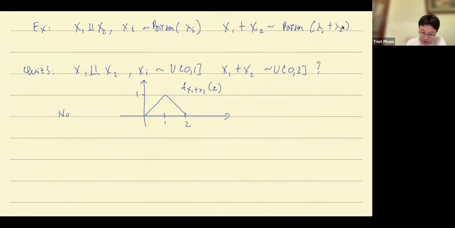What's the reason? The reason is if you have independent random variables, then you look at the moment-generating function of the sum.